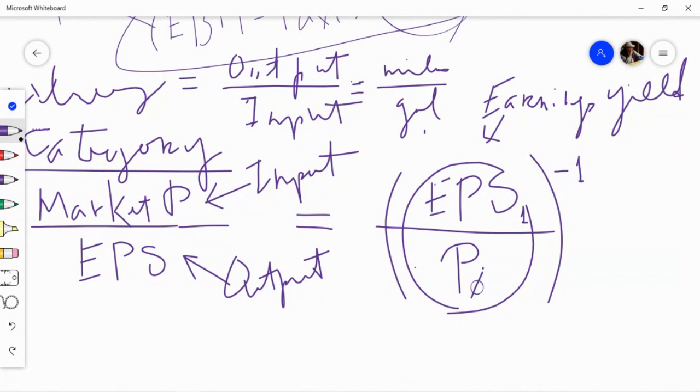Well, we in the U.S. tend to think output to input ratio is more intuitive. Why? Because it's productivity. It's output per input, right? So it seems like it captures the essence of productivity very well.